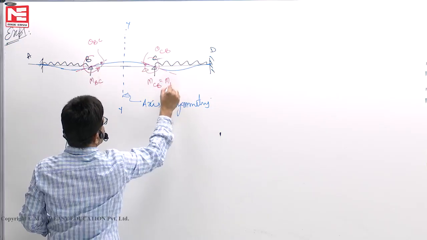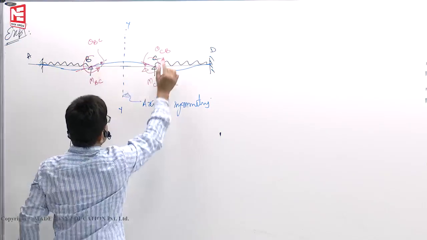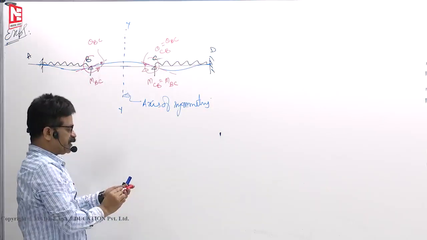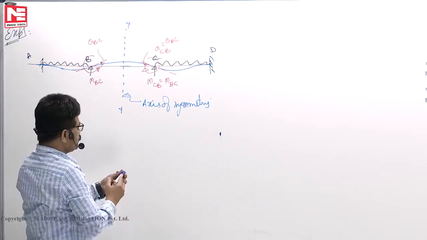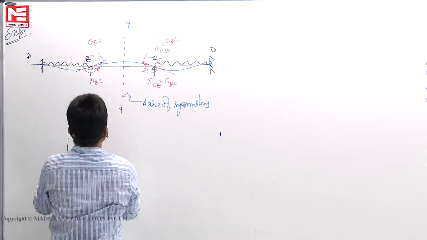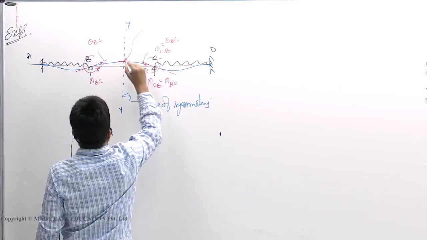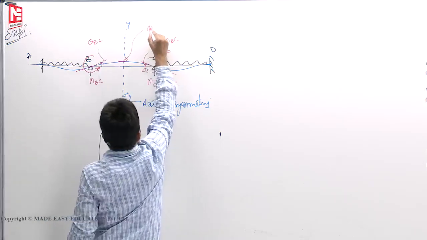Then MCB must be equal to MBC because of the symmetry. Theta CB must be equal to theta BC because of the symmetry. And at the axis of symmetry, slope must be 0.